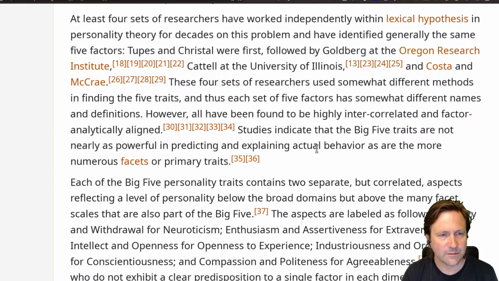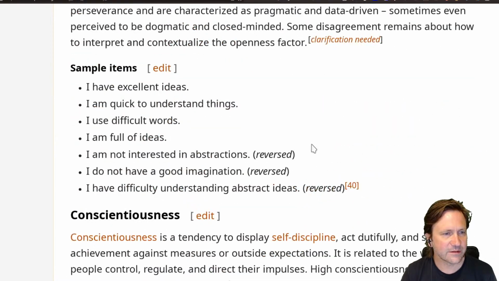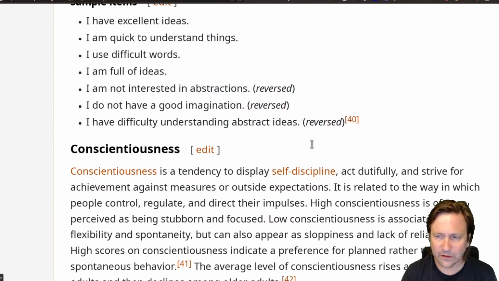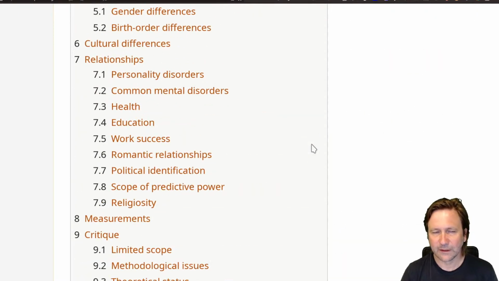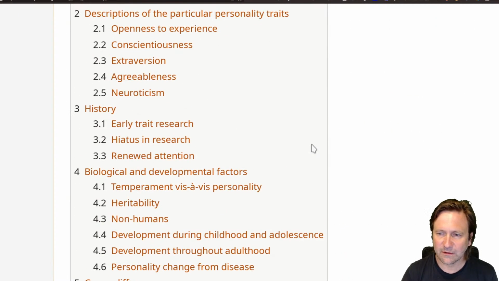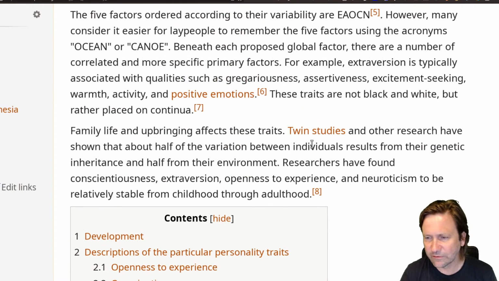So paying attention to these personality types is, I think, at least worth a look. Again, the science behind this I'm not too convinced of, but I am convinced about the introvert extrovert a little bit.